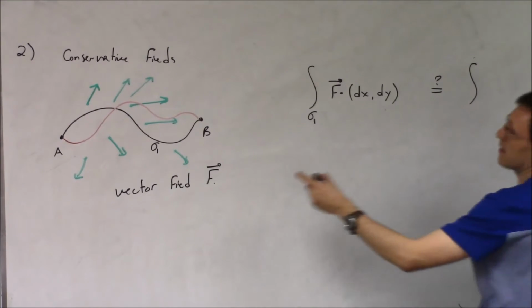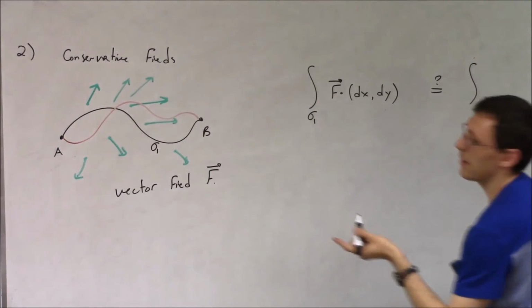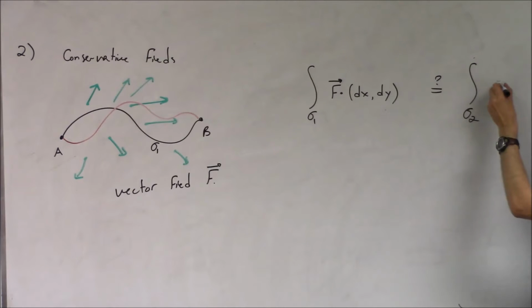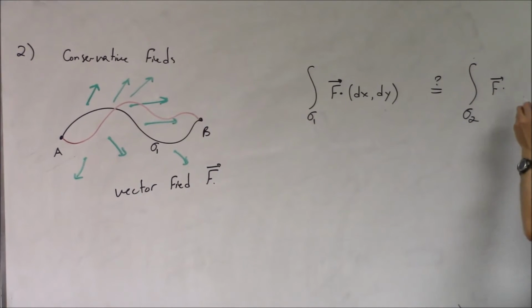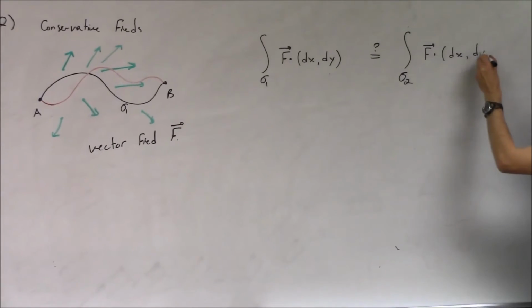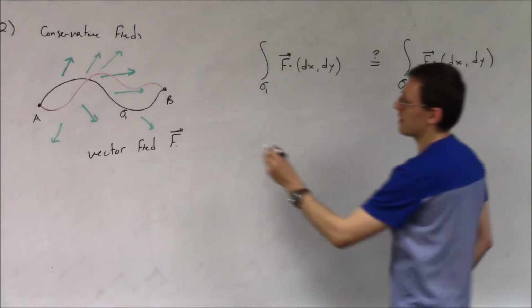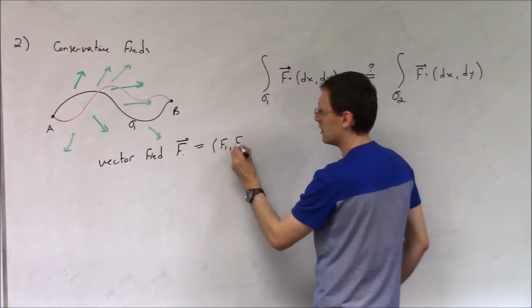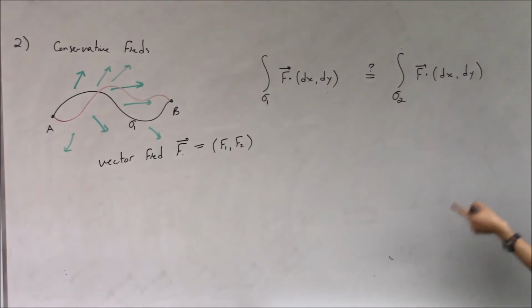In other words, maybe I select a different path, and maybe I will have a different work, right? So that would be sigma 2, the dot product of f with dx dy. You understand f is a two-dimensional field, so it's f1, f2, okay?